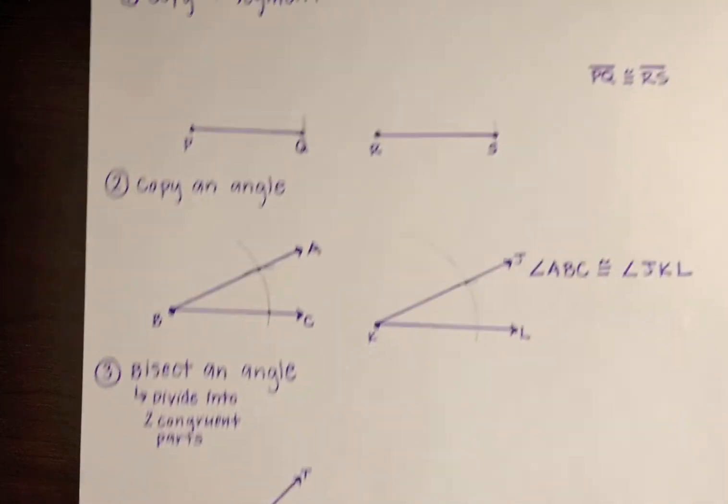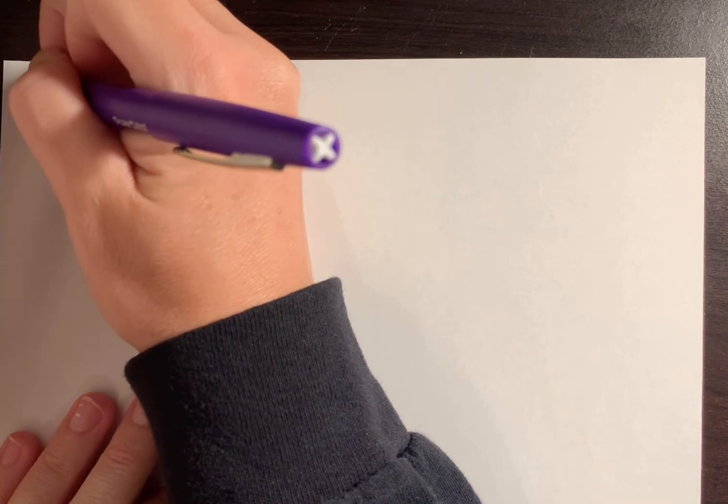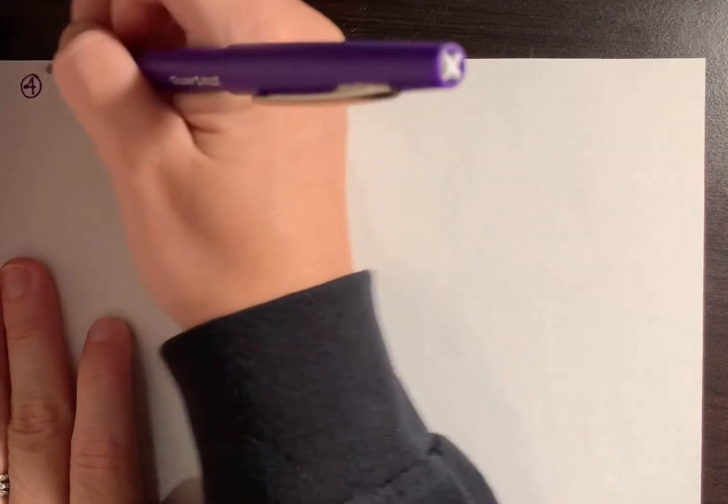I told you we're going to bisect a segment next. I'm going to flip to a different piece of paper here quickly. So for our fourth construction, we're going to do the perpendicular bisector of a line segment.